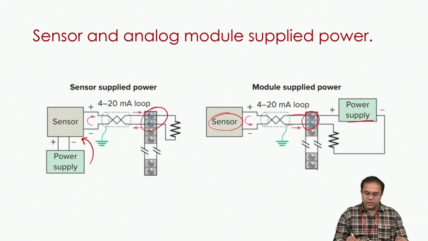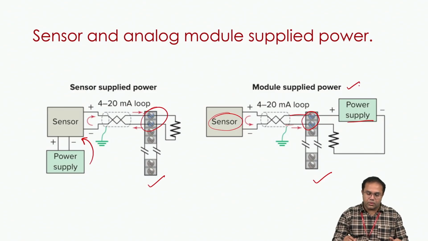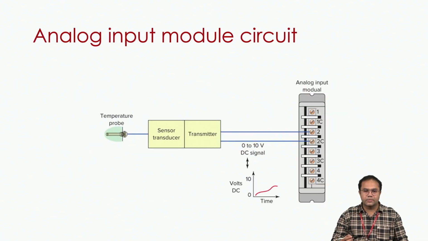So there are two types I mentioned: this module is not going to provide any supply, it just collects whatever the sensor gives, whereas this module is responsible for providing supply to the sensor. At the same time it receives the sensor data as well. Most of the current loops will work in this way. And obviously these modules will cost more when compared to the other module. Clear?